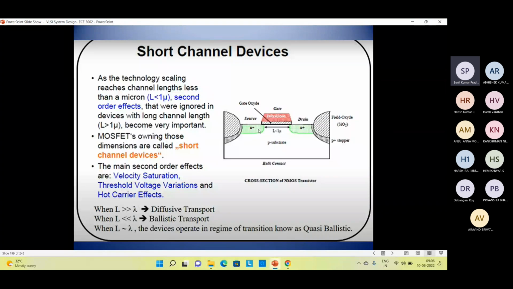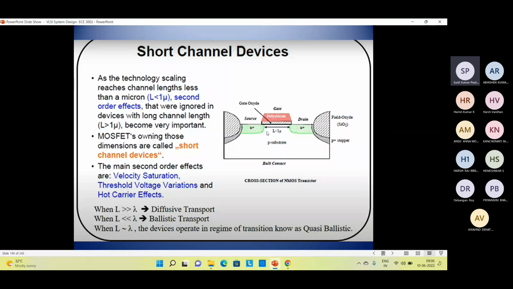Now in the NMOS transistor, this channel length is reduced to a considerable value. But how much channel length we can reduce, that is the main point here. Depending upon the channel length, that depends upon the consideration of transport behavior in our devices.